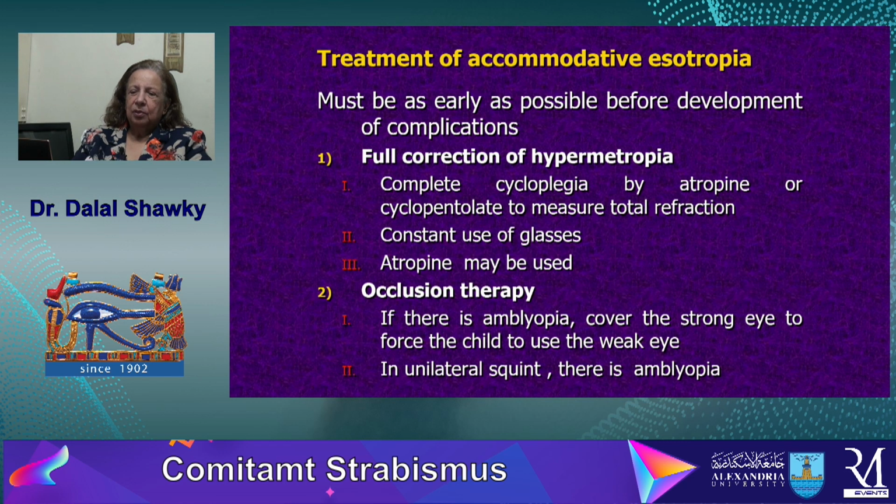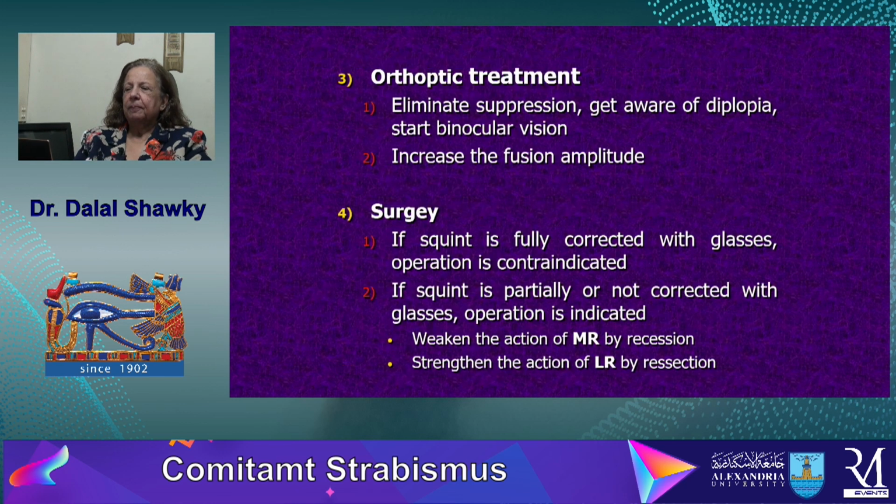Atropine was used before. Occlusion therapy if there is amblyopia. We have to cover the strong eye to force the child to use the weak eye, and if there is unilateral squint, this means that there is amblyopia. Alternating squint means no amblyopia.